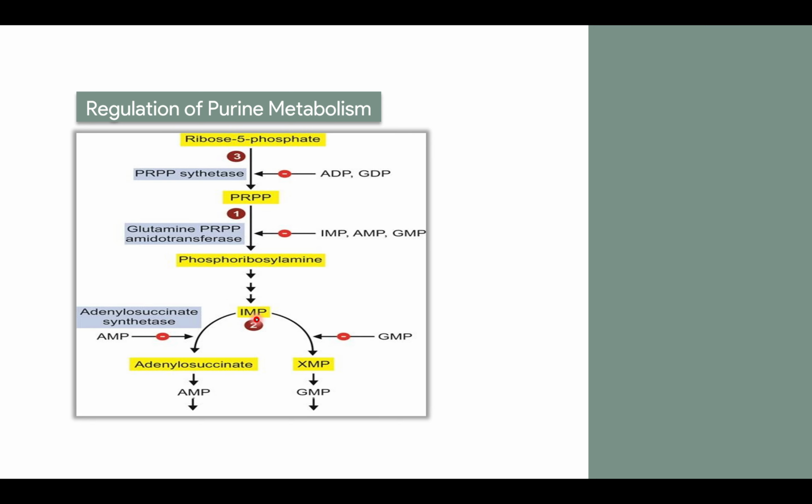This IMP forms AMP and GMP, and the enzyme involved is adenylosuccinate synthetase, which gets inhibited by AMP, whereas the other gets inhibited by GMP. So these are the inhibitors, or regulatory molecules, of purine metabolism. And the enzymes involved are PRPP synthetase, glutamine PRPP amidotransferase, and adenylosuccinate synthetase.